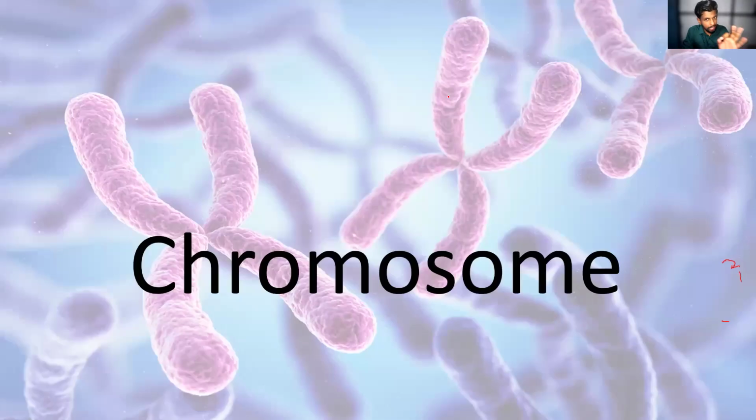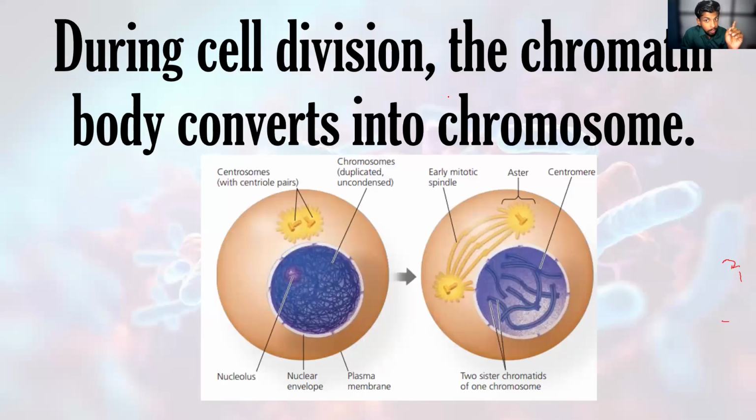Okay. Now, second one, the chromosome. You may have seen earlier, the chromatin was there, right? Inside the nucleus, we have the nucleolus and the thread-like structure, chromatin.